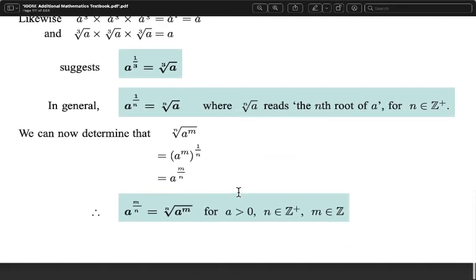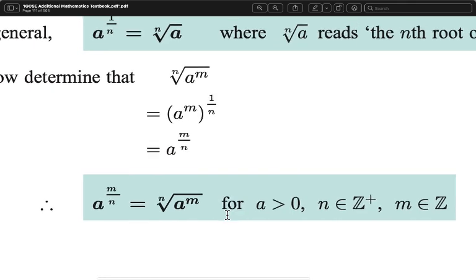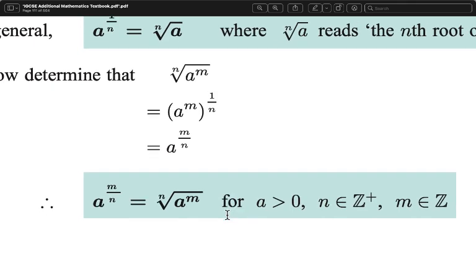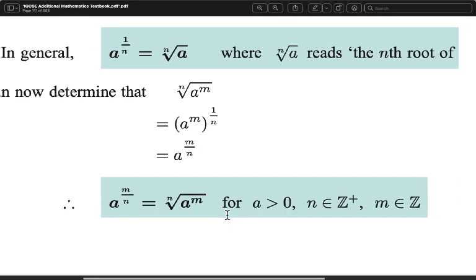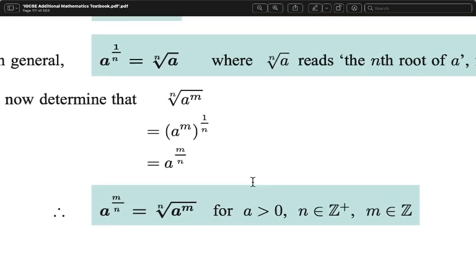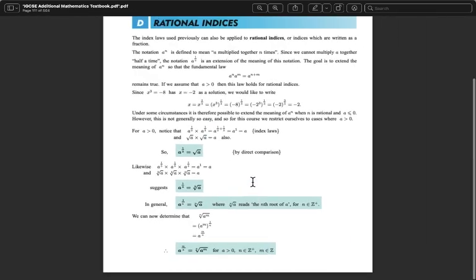So now, based on that, you can determine that a to the power of m over n will equal the nth root of a to the power of m, with the value of n a positive real number, and with m any real number.